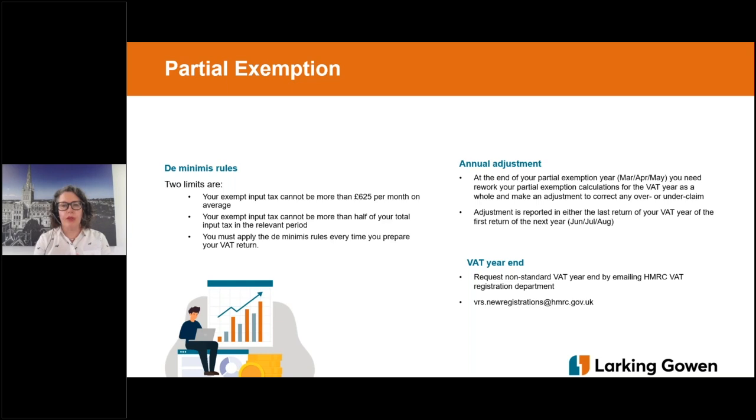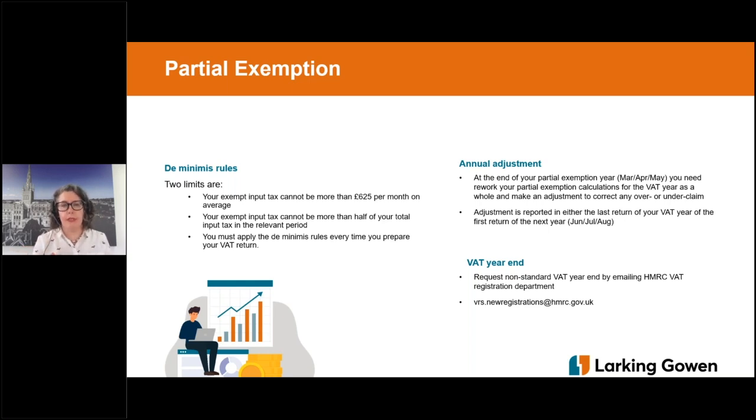And you need to rework your partial exemption calculations for the VAT year as a whole, and just check whether you've over or under recovered, because your percentage has fluctuated a bit. That adjustment, if there is one, then gets reported either in that last return of the year or in the next return, so the first return of your next VAT year.